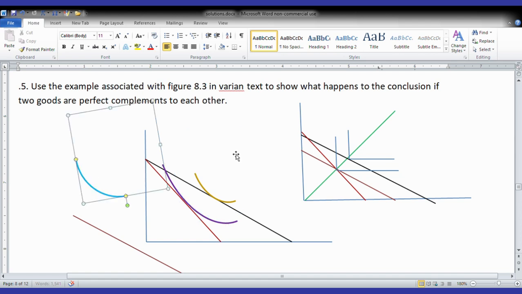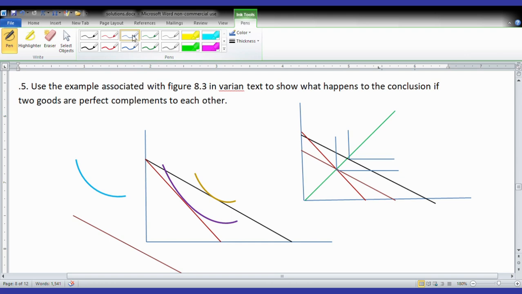Okay. Now see that this is your initial budget constraint. You are consuming here.